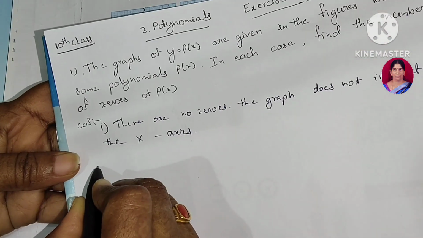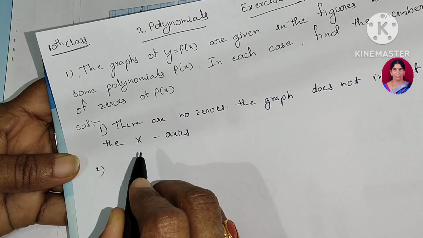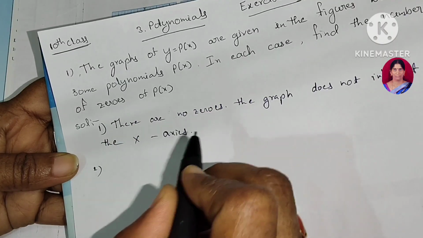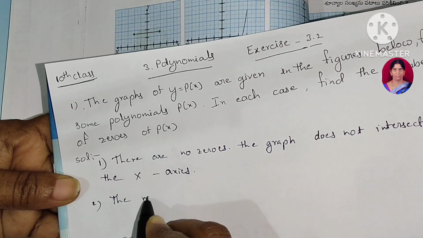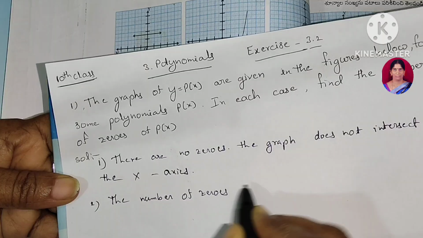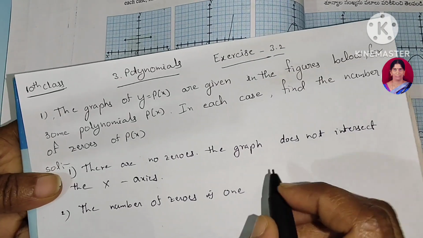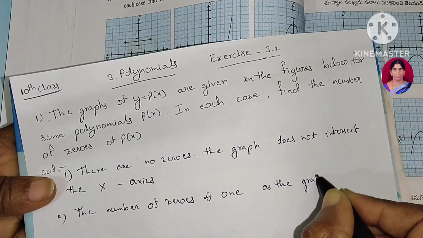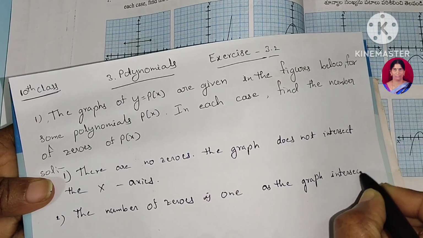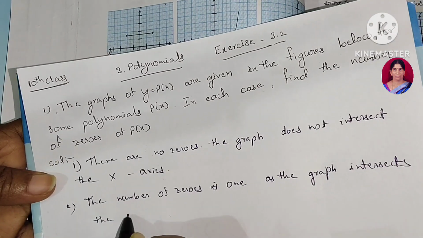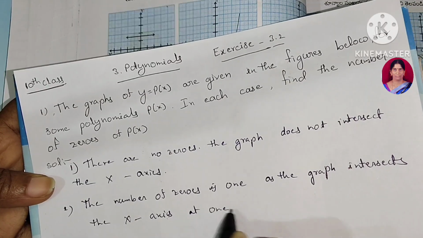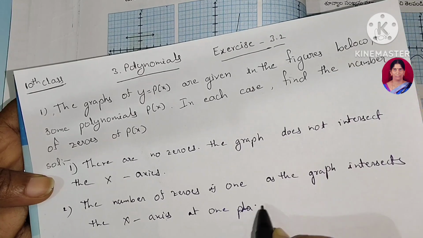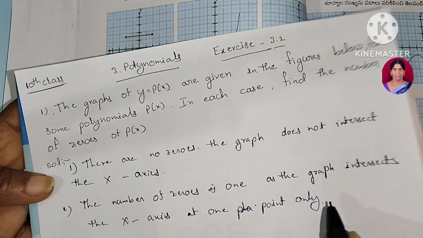So we write that the number of zeros is 1, because the graph intersects the x axis at one place, or 1 point only. So the zero is 1.